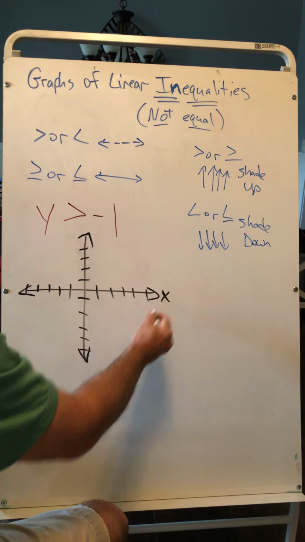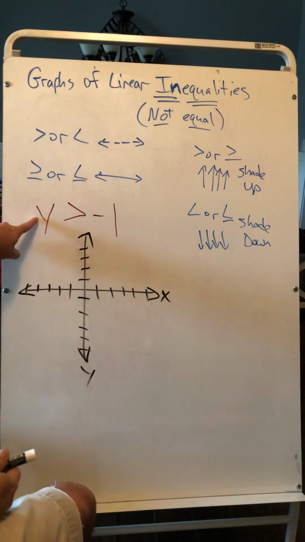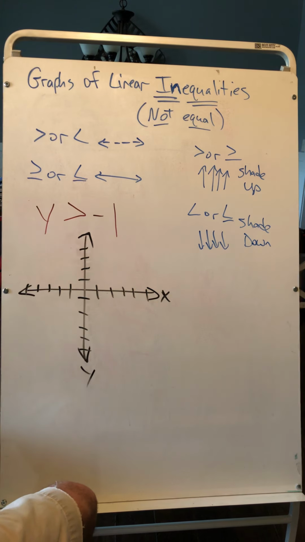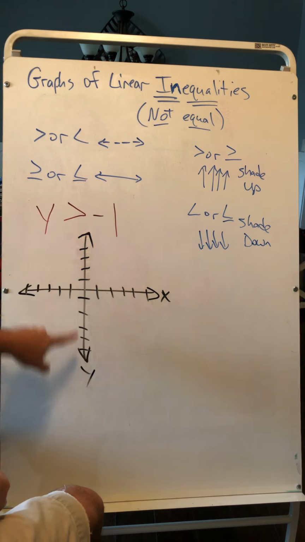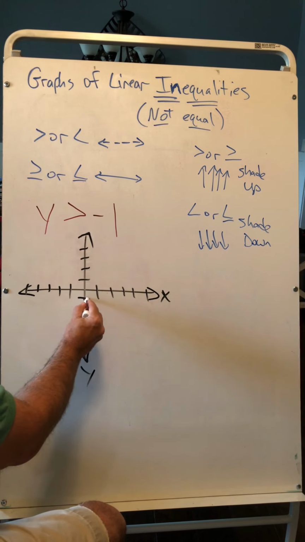This is the x. This is the y. So on the y, when they only give you one letter, one variable, it has to be a special case because you don't have the 2. Just like on the last one, you only have one letter. On this one, it's the y. So I'm going to go on my y-axis, which is up and down, to -1, and I'm going to put a dot.